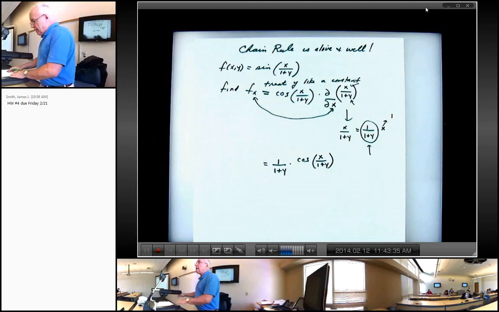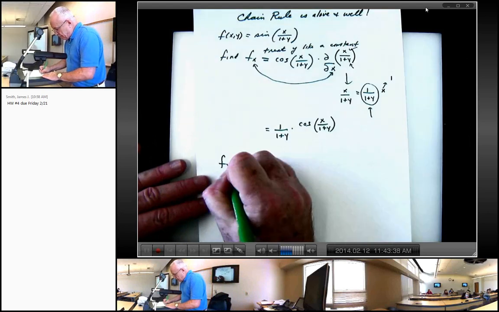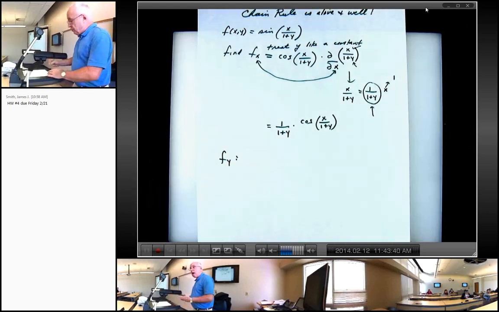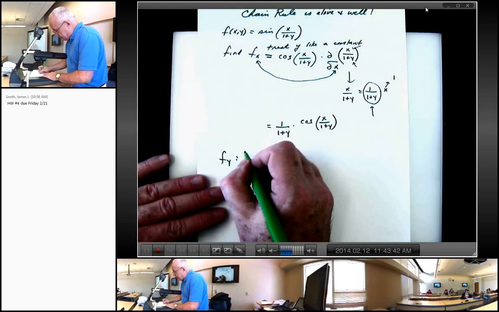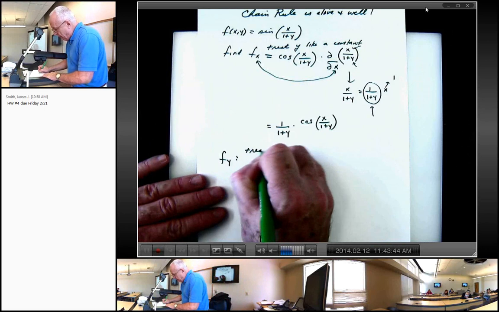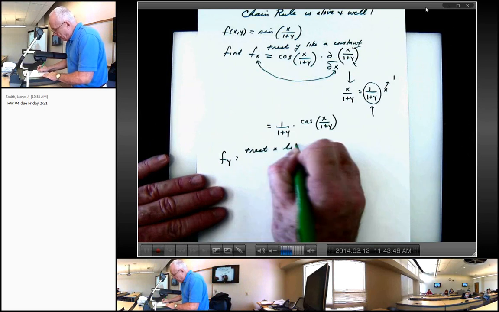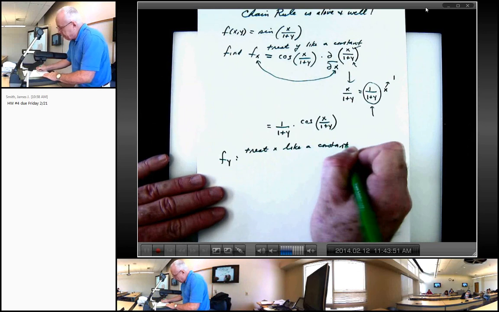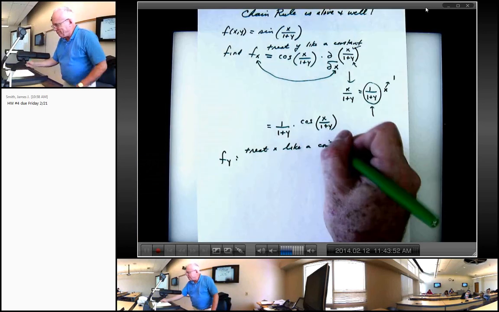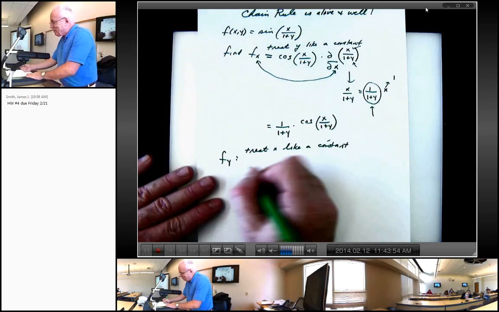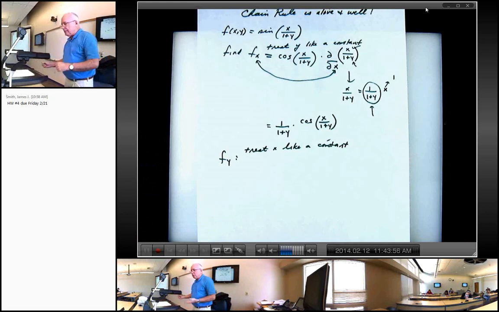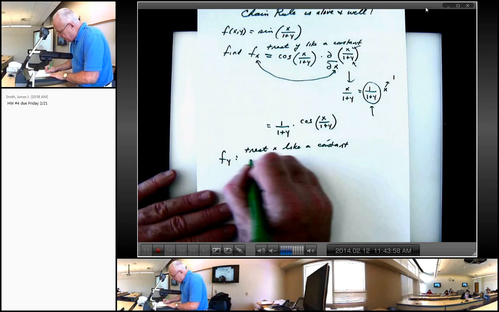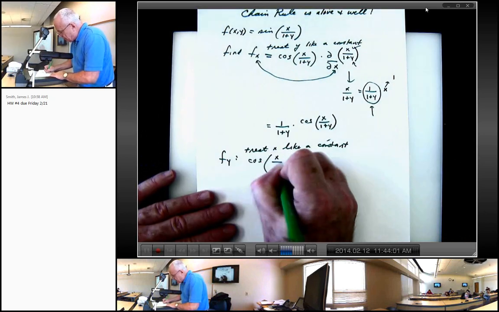I think we have time to figure out the fy. For fy, we're going to treat x like a constant. So first of all, we do the derivative of the sine, which is the cosine of x over 1 plus y.